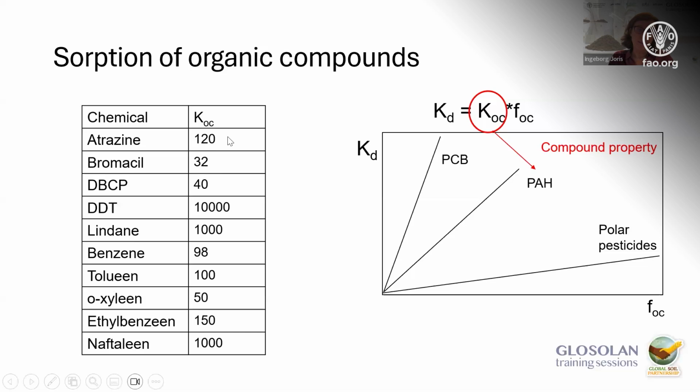And you can see that the range covers different orders of magnitude. So from 10,000 to 32 or 50 for xylene, naphthalene also is quite mobile.